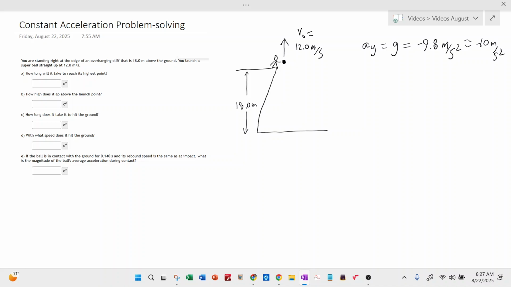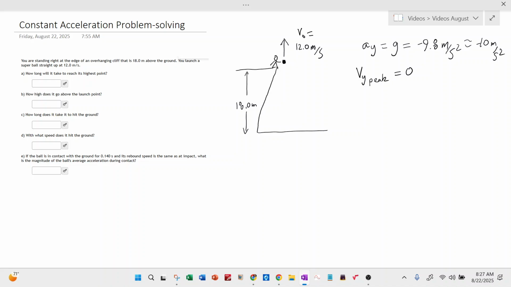we also know that the ball will stop at the top of its path. So I'm going to say that Vy, velocity at the peak, equals 0. It's going to stop because it has to go up and fall back down.